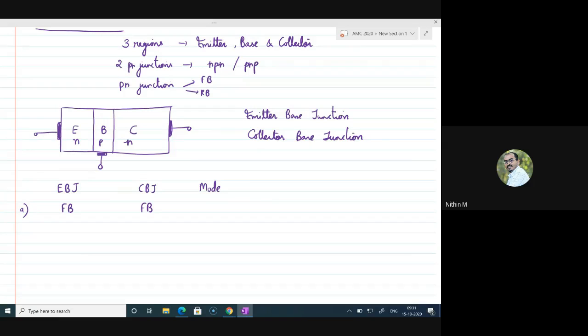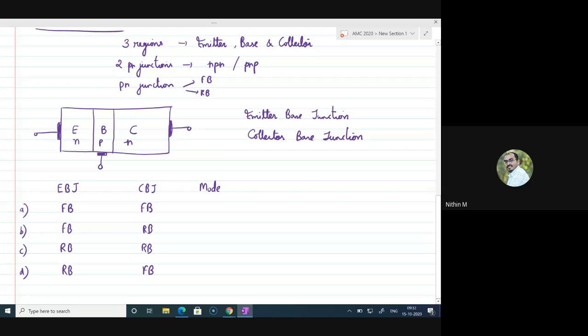Any idea? So I'll just list out the possibilities. I can make this reverse bias, then I can make this reverse bias and this also reverse bias, and finally reverse bias on one and forward on the other. These are the four possibilities, right?